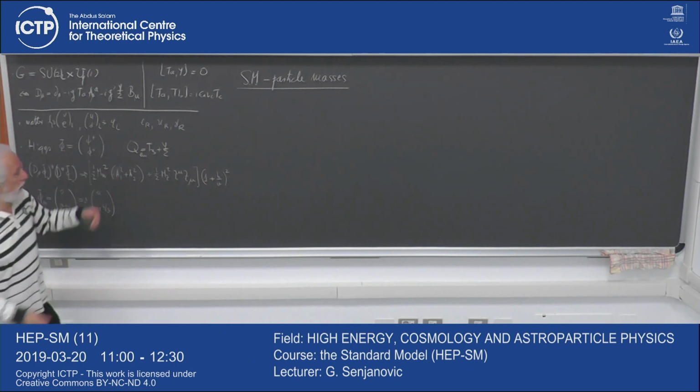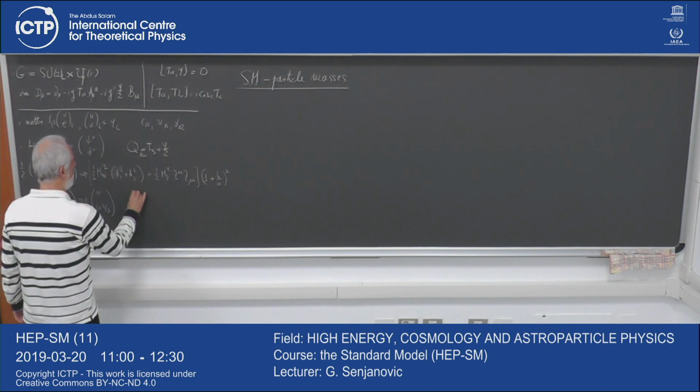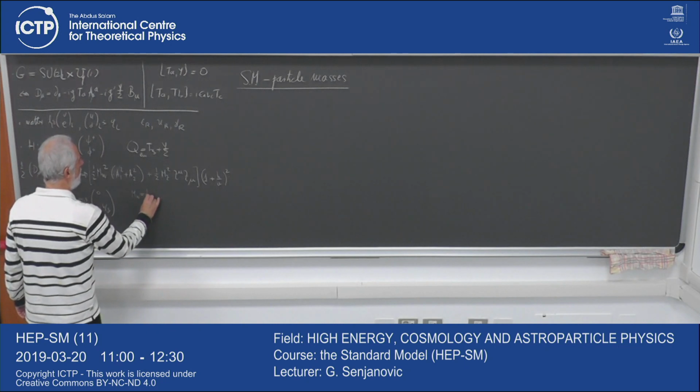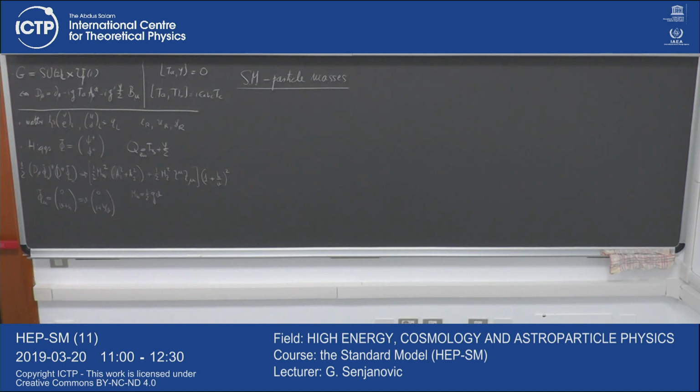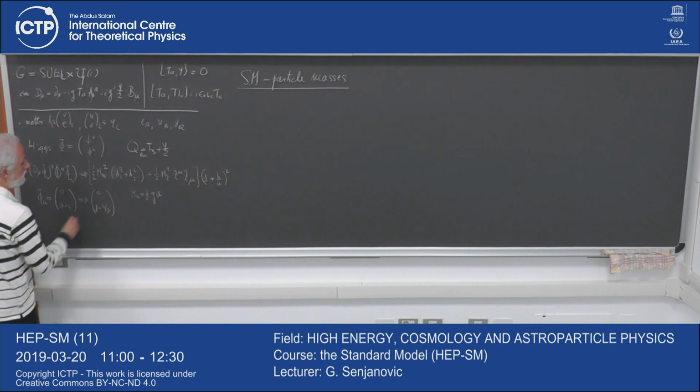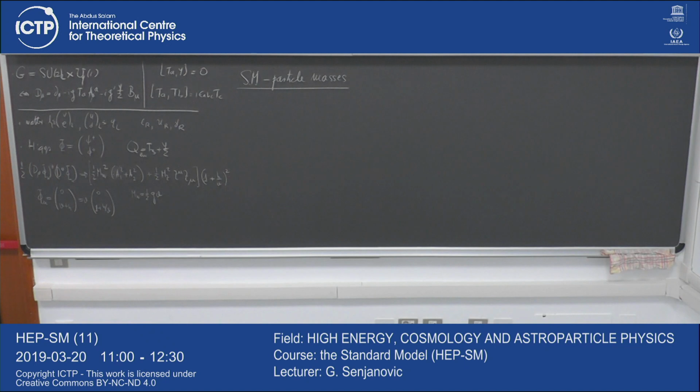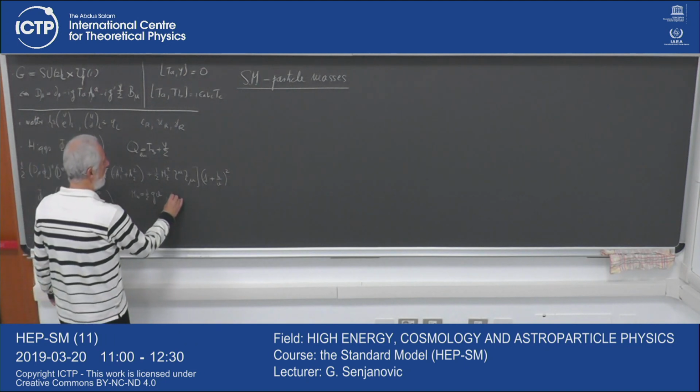Therefore, just to remind ourselves, m_W was 1/2 g v, the same v which is here, the vacuum expectation value, and m_Z, you remember?